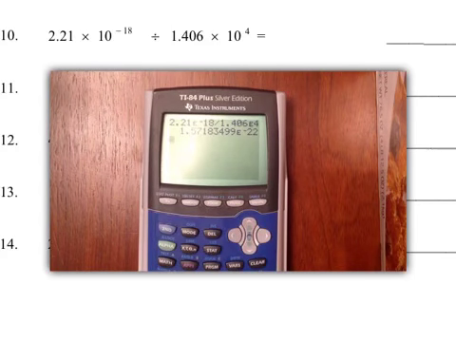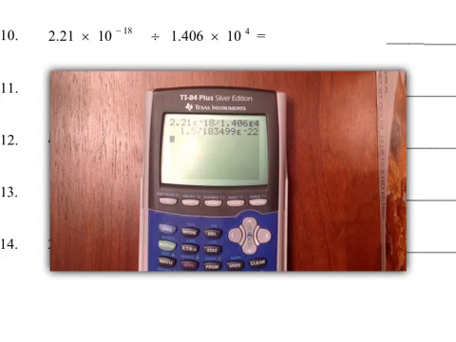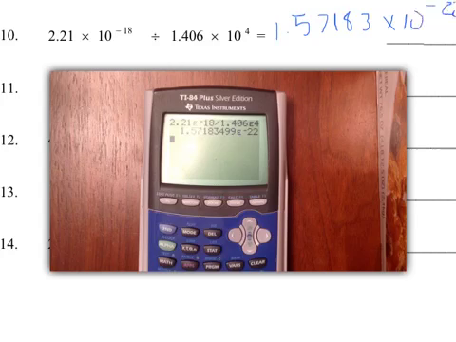When we say enter, what we'll get is this. So I'm going to write this one down. What we have here is 1.57183 blah blah blah times 10 to the negative 22. The problem is I can't have nearly that many significant figures. I have 3 significant figures here, I have 4 significant figures here, therefore I have to limit myself to 3 significant figures.